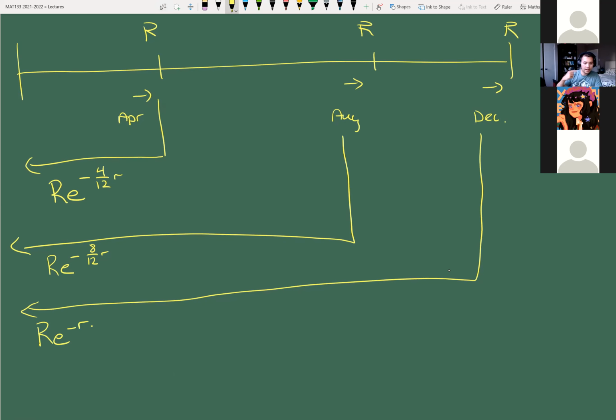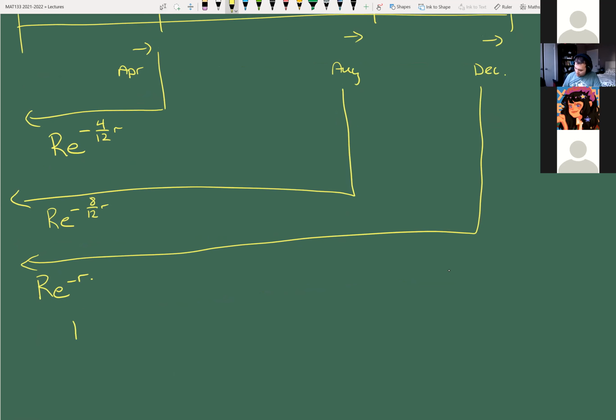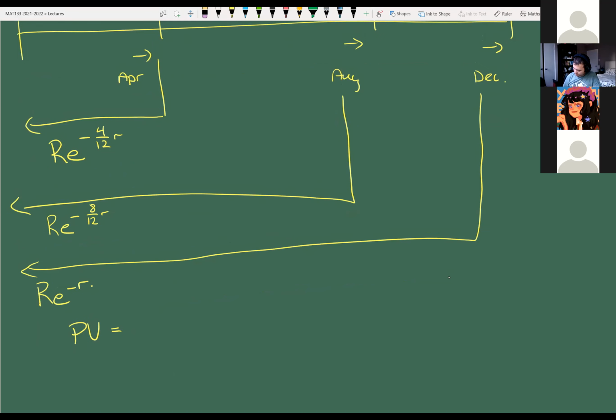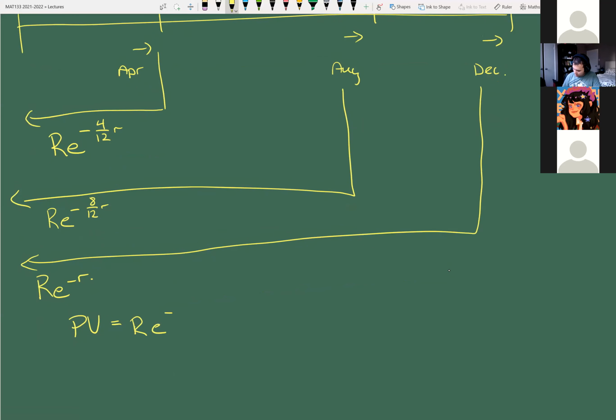Okay. And then again, let's think how. Our present value is going to look like PV equals P e to the negative 4/12 r plus P e to the negative 8/12 r plus, and again, let me write this as 12/12 r.